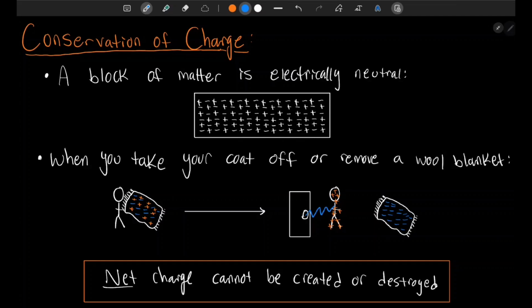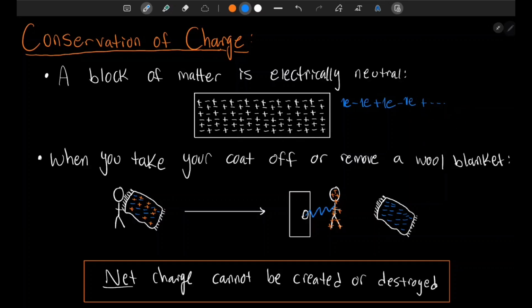So you have these plus signs which indicate protons and these minus signs which indicate electrons. If you added all of these charges together, remember that a proton has a charge of 1e, and an electron has a charge of minus 1e. So you would get something like 1e minus 1e plus 1e minus 1e plus dot dot dot.